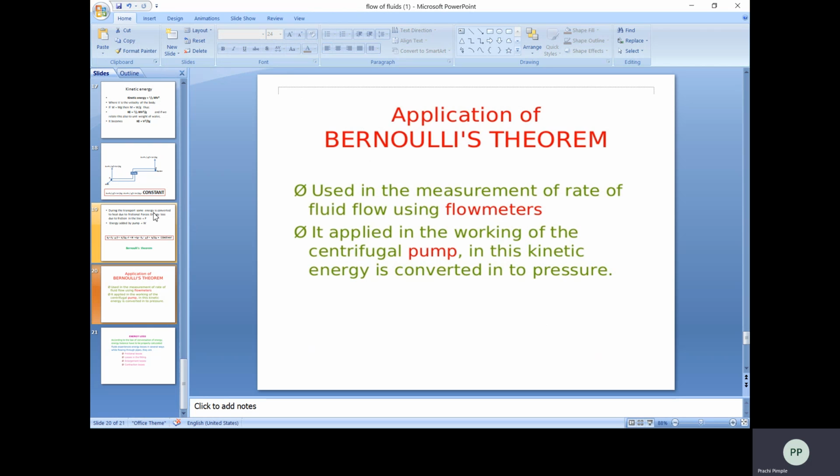Now, what is the application of Bernoulli's theorem? Bernoulli's theorem is used in the measurement of rate of fluid flow using flow meters, and it is also applied in the working of centrifugal pumps. In this, kinetic energy is converted into pressure energy.